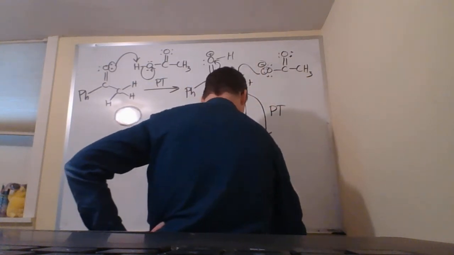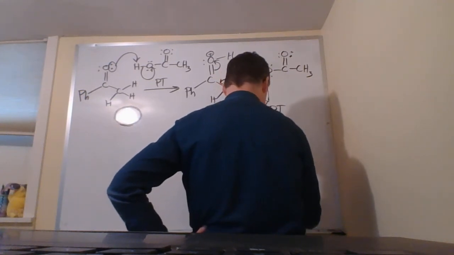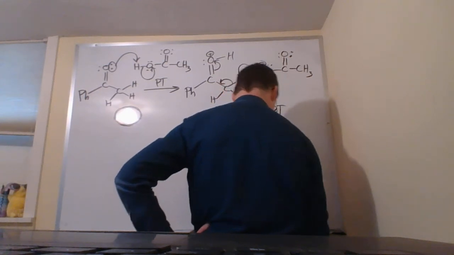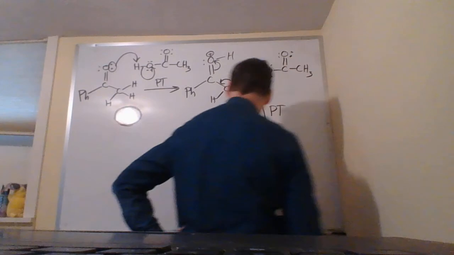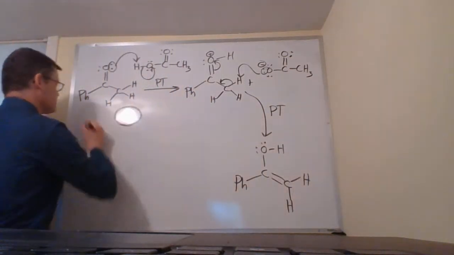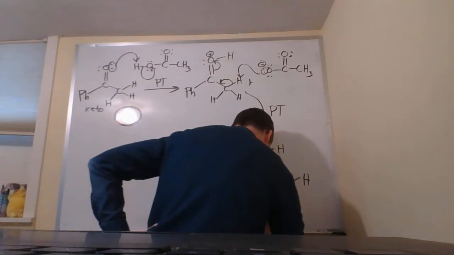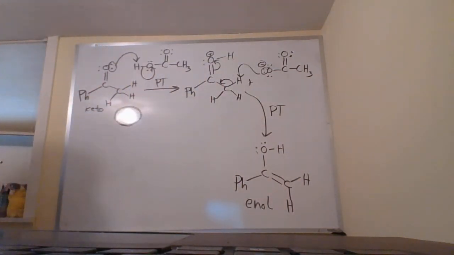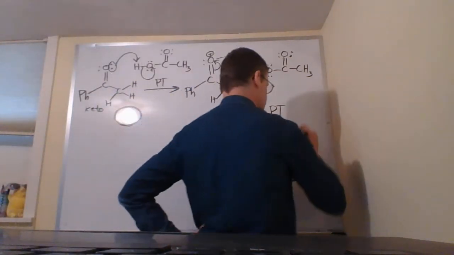And that gets us to our enol tautomer. Okay, so what we're seeing here is an application of the keto-enol tautomerization. So here's the keto form, here's the enol form. All right, and we can now react that with our Br2 electrophile.